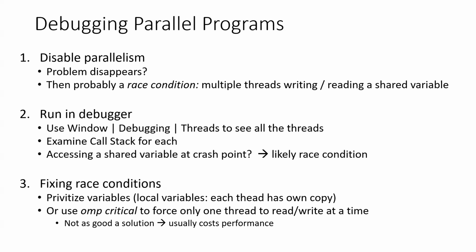Use OMP critical to force that only one thread can read, write, or do something at one time. This is not as good a solution because it costs performance, because it forces the threads to wait for other threads. So only do this if it's absolutely necessary.